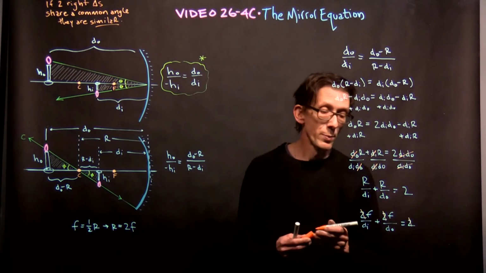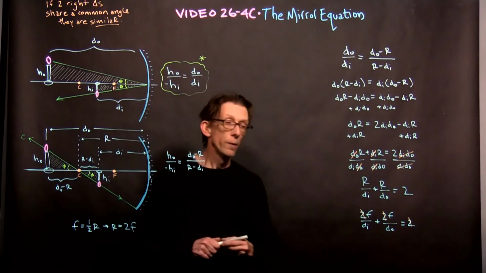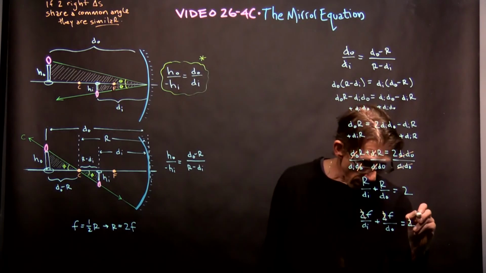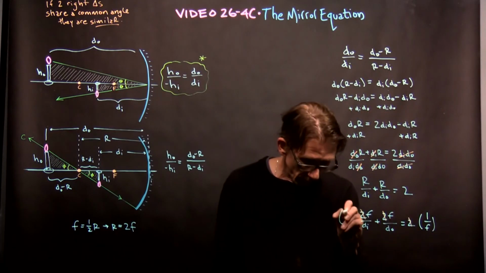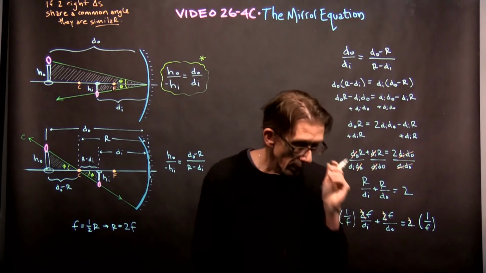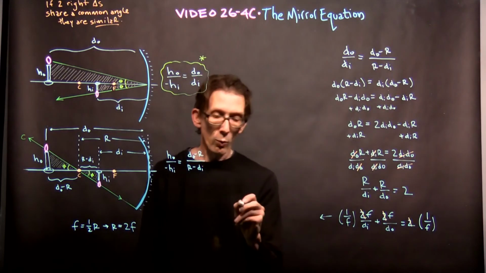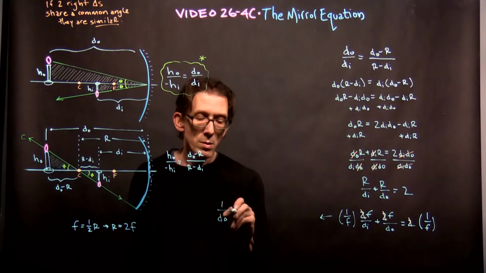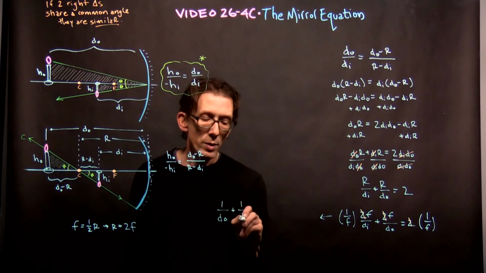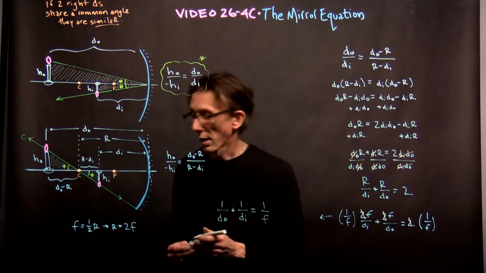We can divide both sides by 2, and then multiply both sides by 1 over f, and what we end up getting is 1 over D naught plus 1 over DI equals 1 over f.